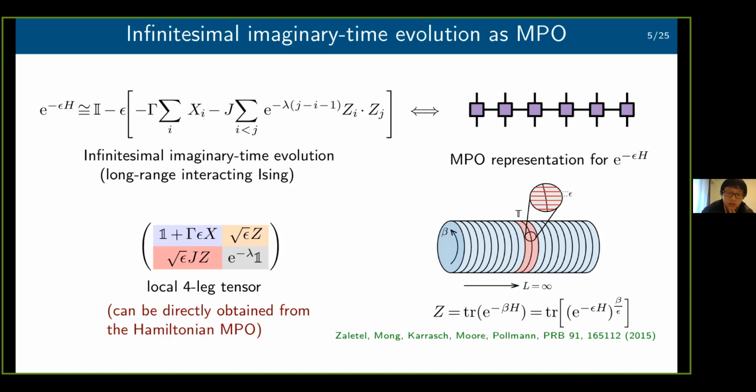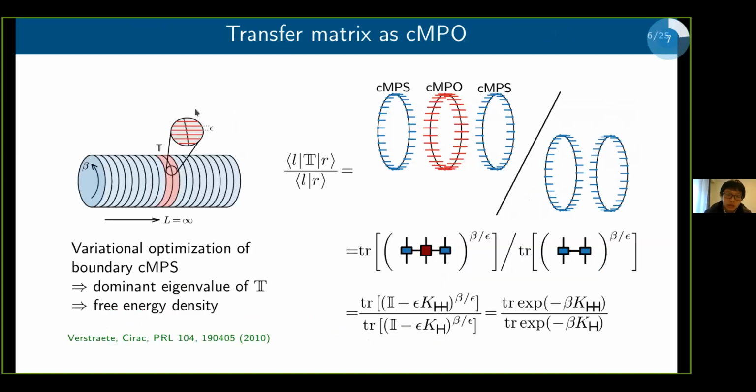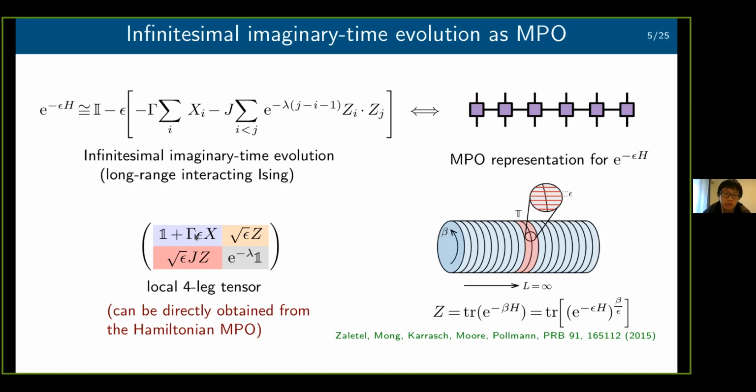So let me see. Actually you can see there is the epsilon dependence in our CMPO. This epsilon is the time discretization. In traditional ways to do the simulation, you will choose a finite value for this epsilon, and at the end of the calculation you will end up with some finite error in your simulation.